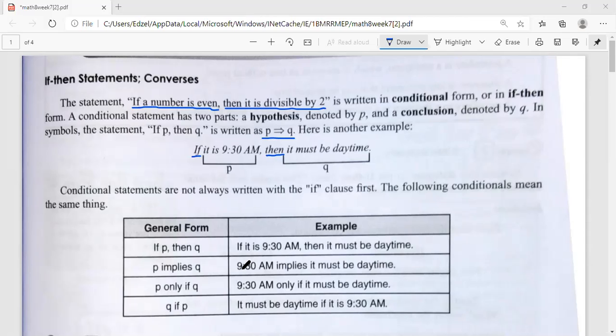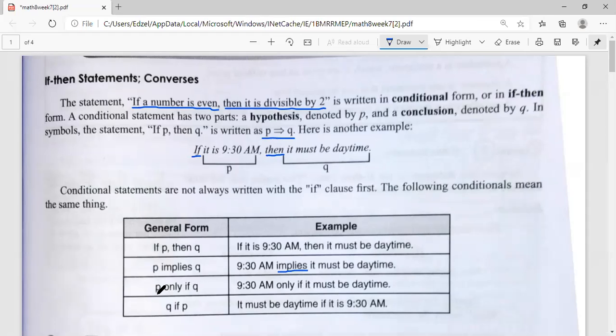Wala siyang naka-if clause, pero the word implies must be there. Naka-replace siya, but this time we cannot put it in front of the statement. Right? Then, pwede ring P only if Q.